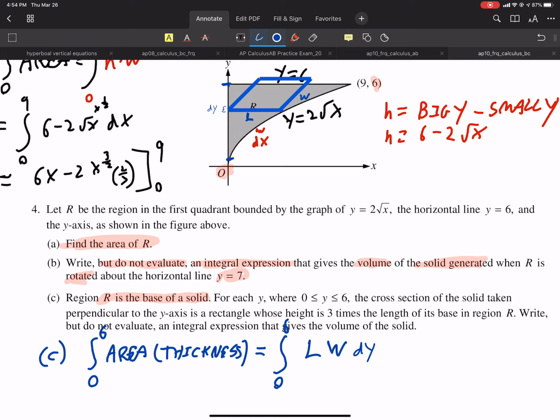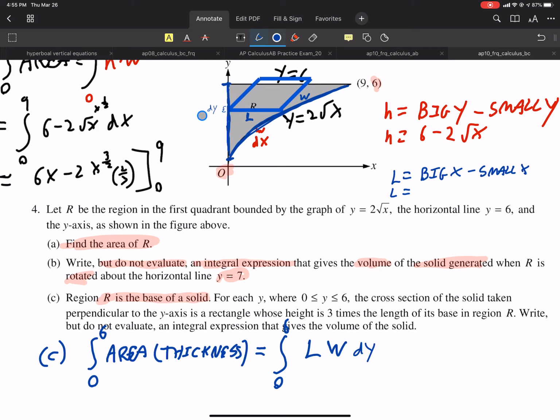So L is going to be the bigger value of x minus the smaller value of x. So that line right there, x is bigger to the right, that's big X. And an X over here, that's small x.